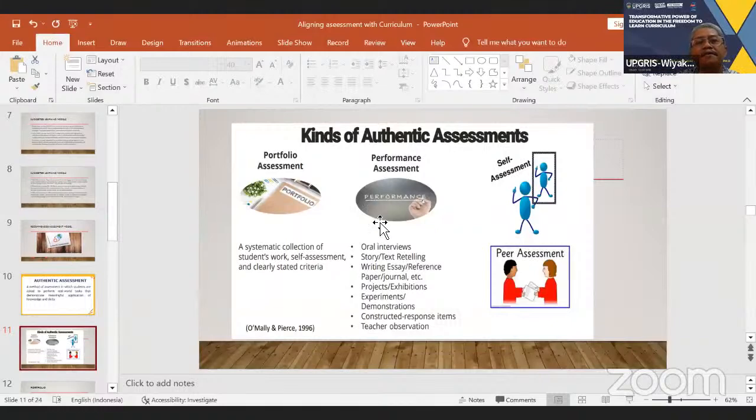The second is categorized into performance assessment. Performance assessment comprises some of these, oral interviews. Sometimes we need to give students different methods of assessment, not only by giving them tests, for example, but why don't you call them one by one, or in groups, by having oral interviews?